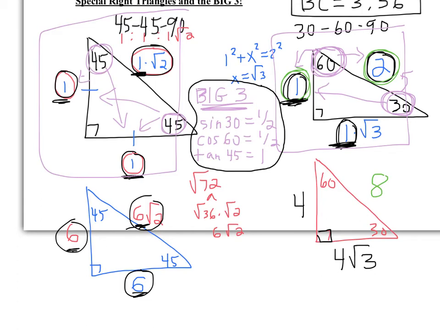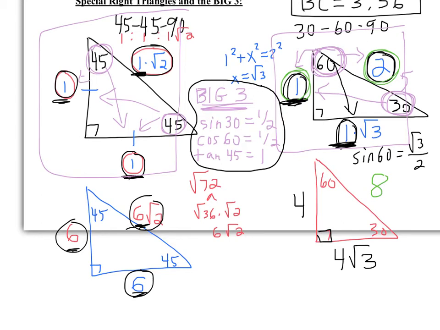If you have to find other things, such as maybe the sine of 60, then you want to recreate your triangle and just look at the values. If you had to find the sine of 60, well, sine is opposite over hypotenuse, so that would be radical 3/2.